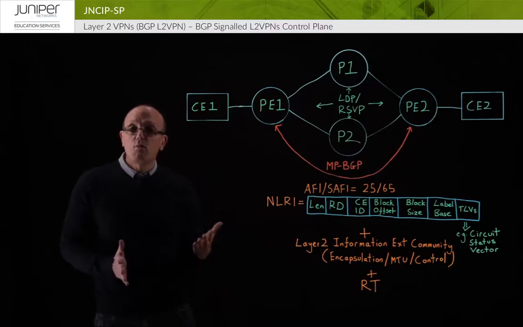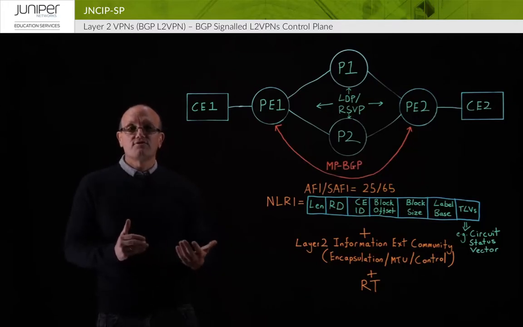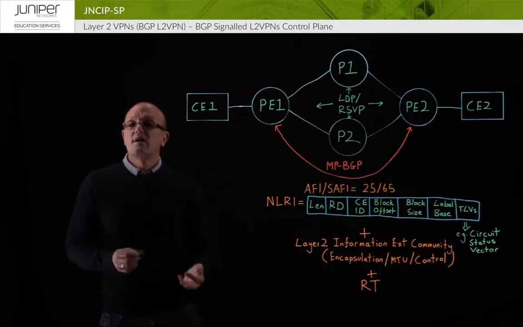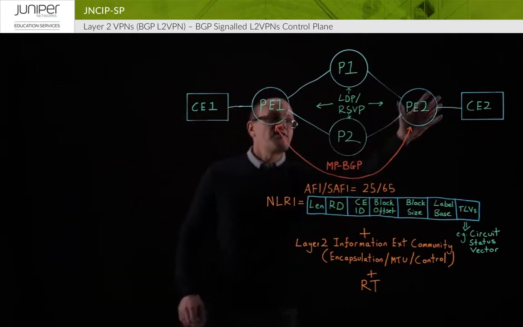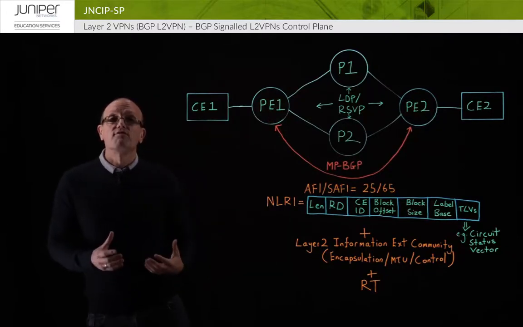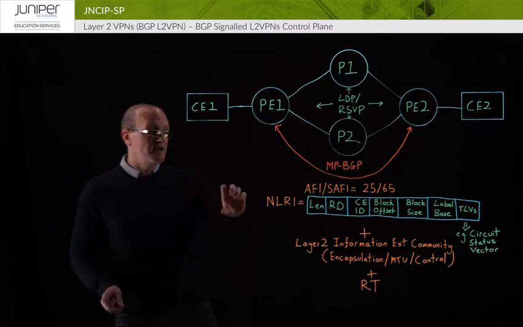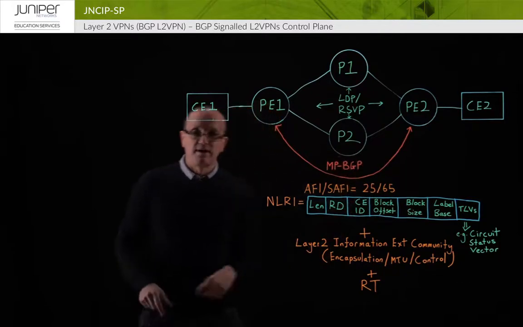If we have a value of 1 in a given position, that means that the CE that refers to is down, or the virtual circuit to that CE is down. This is how we can provide monitoring information between an ingress and egress PE, so we can track the operational status of virtual circuits on a given PE. So this is the NLRI that we are advertising in multi-protocol BGP.